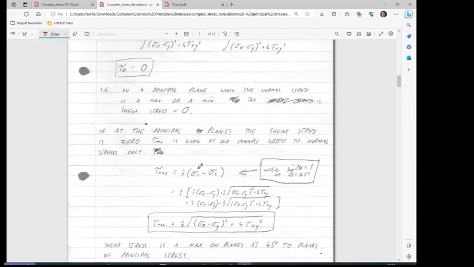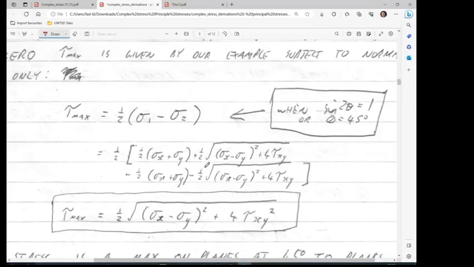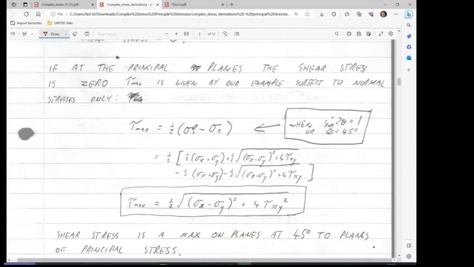Okay, so there we've drawn that. For maximum shear stress equals a half sigma 1 minus sigma 2, and that occurs at 45 degrees to that plane. Okay, so let's now plug in our values for sigma 1 and sigma 2.